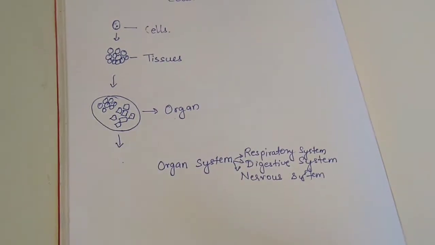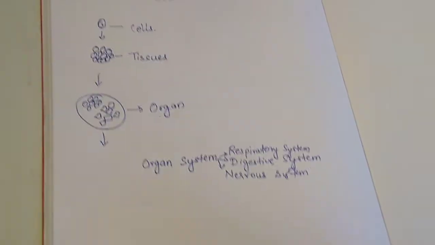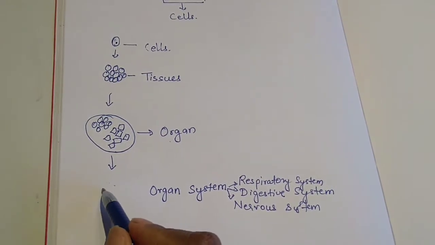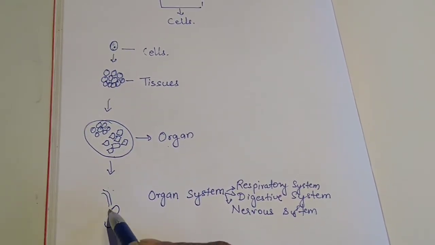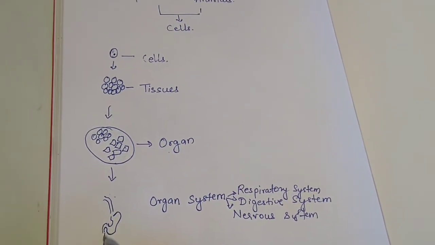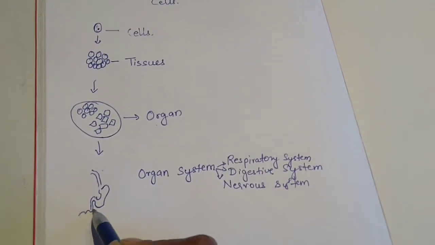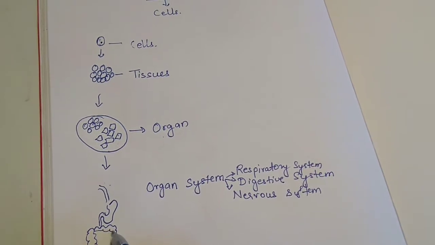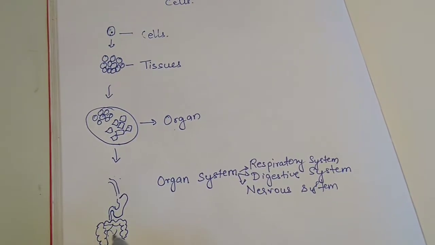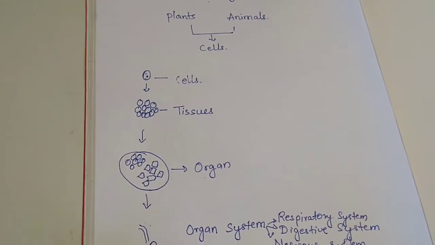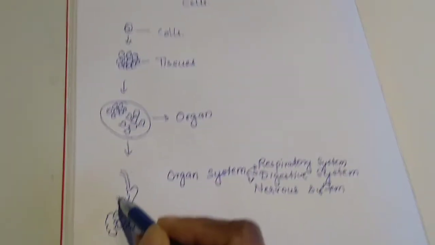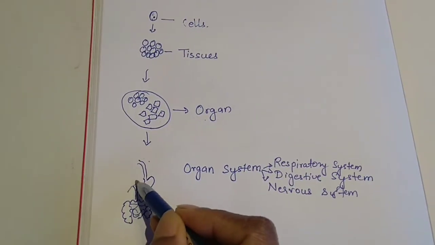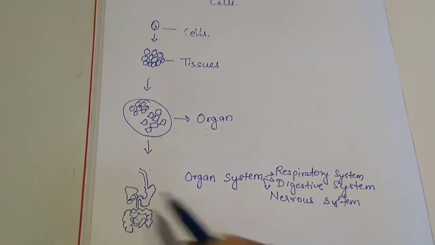So let's take an example of any one system. Let's take the example of the digestive system. So if you take the digestive system, you have a stomach, and then you have intestines, that is the small intestine and the large intestine, and attached to that are the liver and a gallbladder.